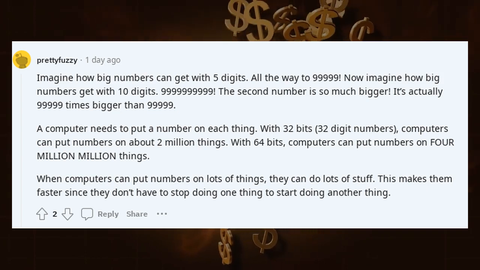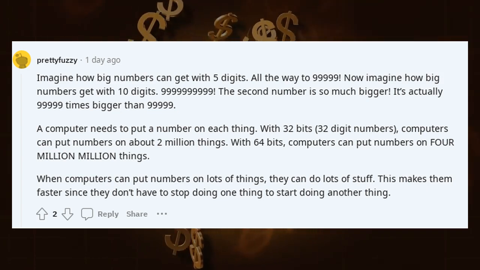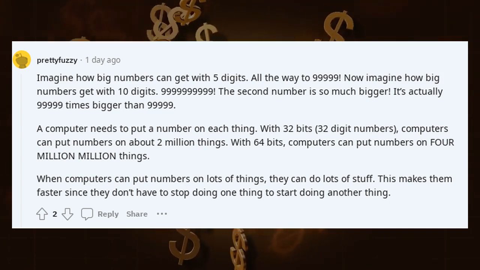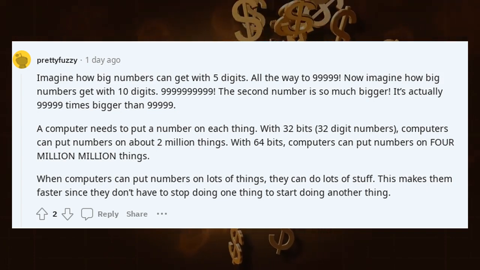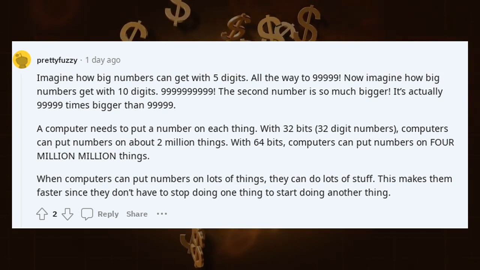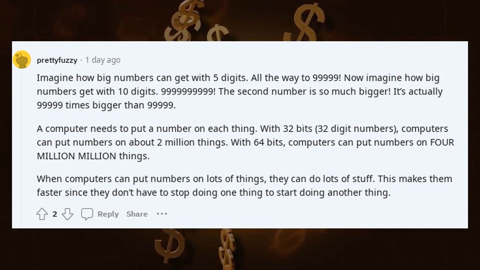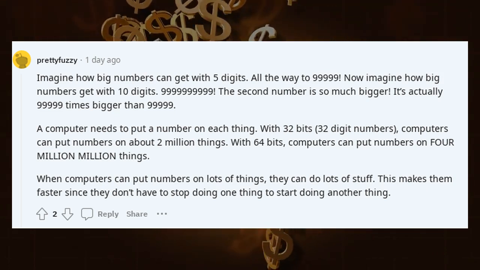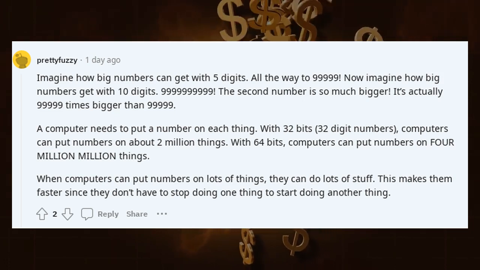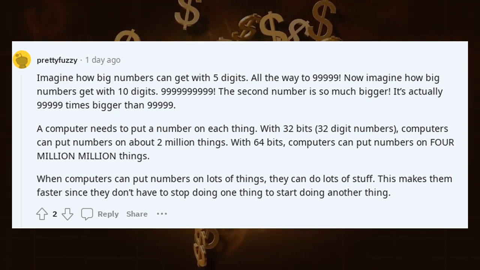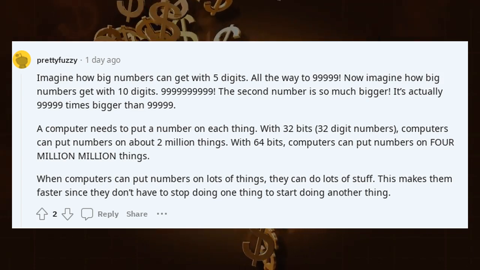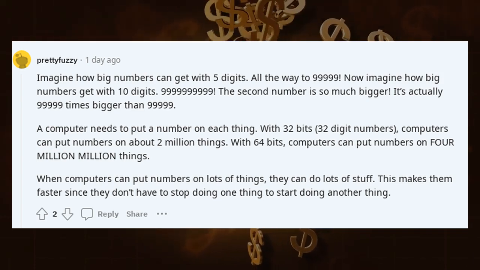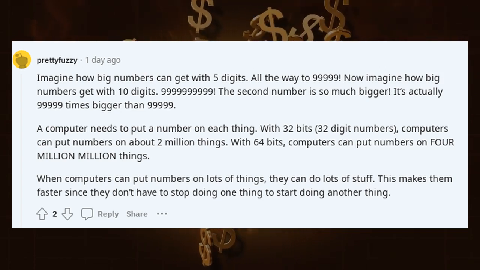Imagine how big numbers can get with 5 digits, all the way to 99,999. Now imagine how big numbers get with 10 digits, 9,999,999,999. The second number is so much bigger it's actually 99,999 times bigger than 99,999.